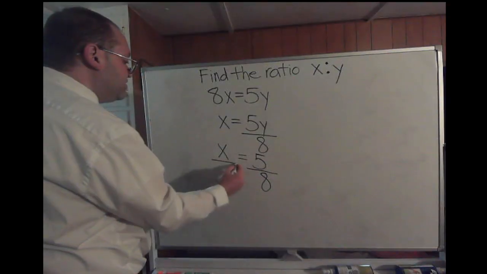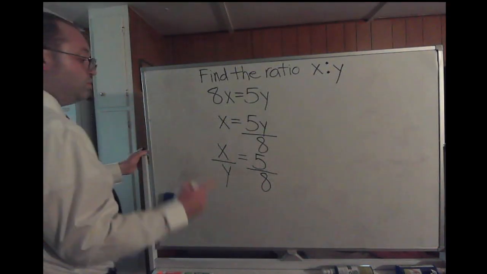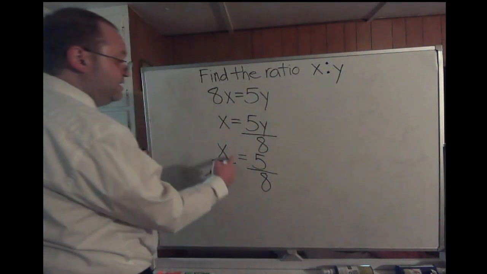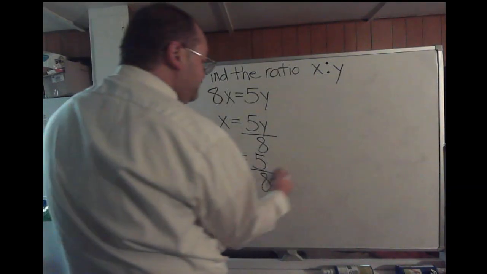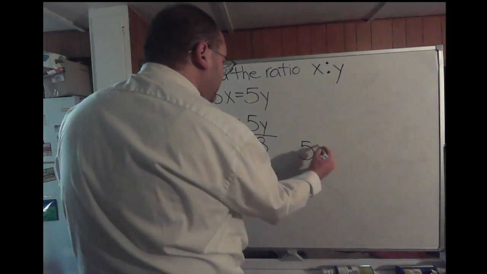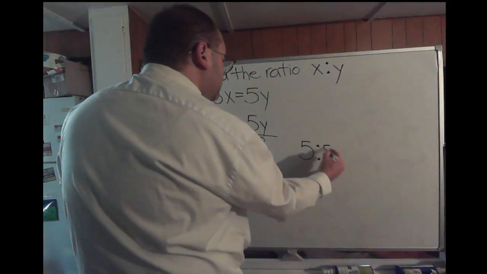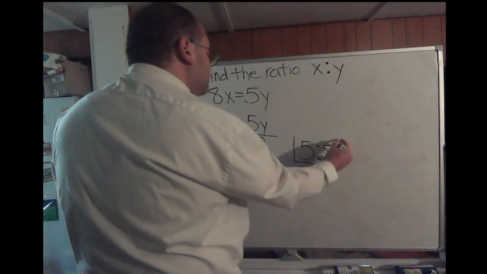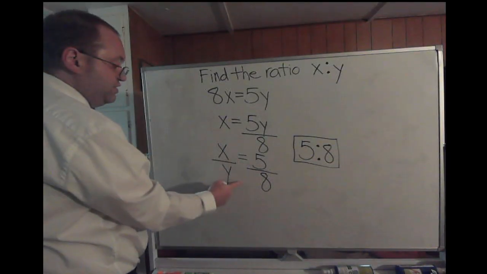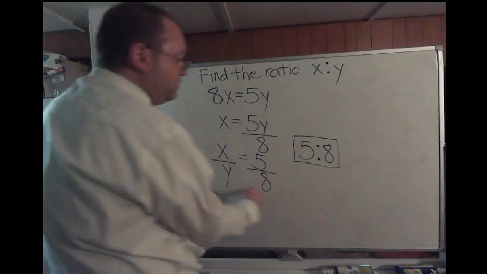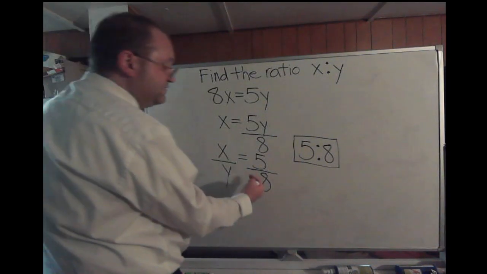You'll end up getting x over y, which x over y is x to y. X to y equals 5 over 8, or 5 to 8. So the answer you should get is 5 to 8. In the end, you got x over y equals 5/8, so x to y is 5 to 8.